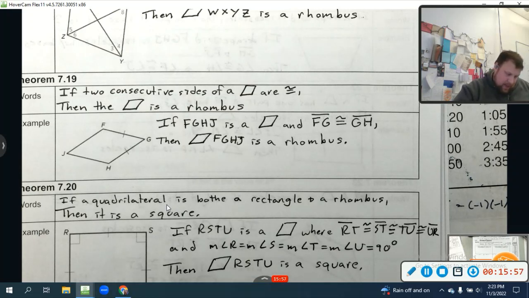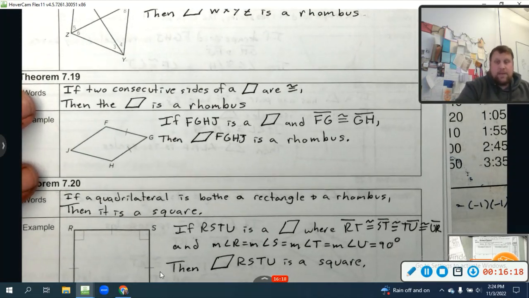If RSTU is a parallelogram where RT equals ST equals TU equals UR, that's just the sides around, they're all equal, and the measure of angle R equals angle S equals angle T equals angle U, which all equal 90 degrees each, then RSTU is a square. Boom. Again, pause these guys, write them down.